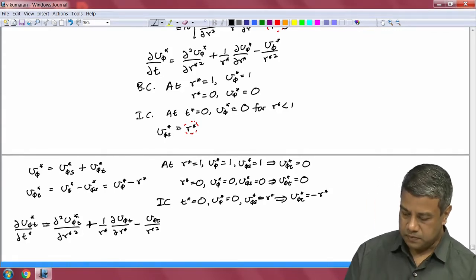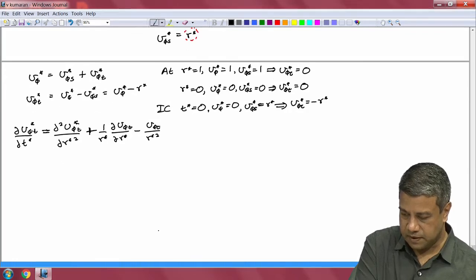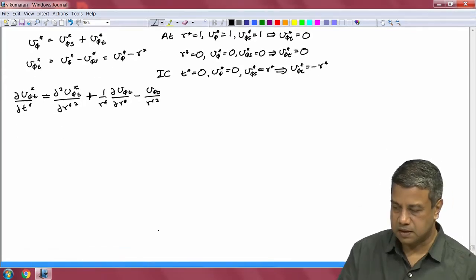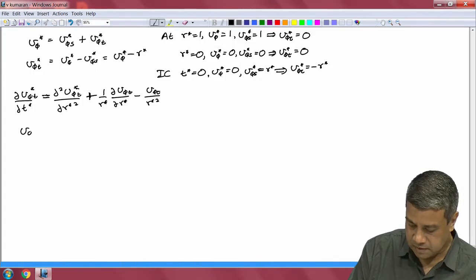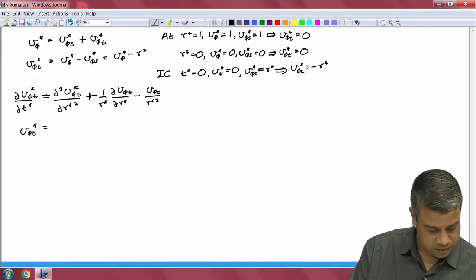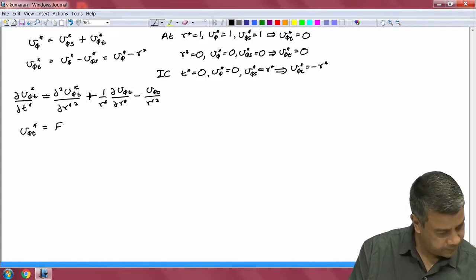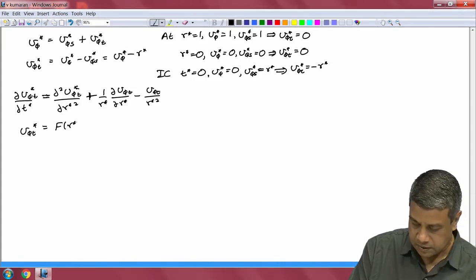Okay. So, we have to solve this equation, and we solve it using separation of variables, subject to these initial and boundary conditions. Express V phi of r and t as f of r times g of t.